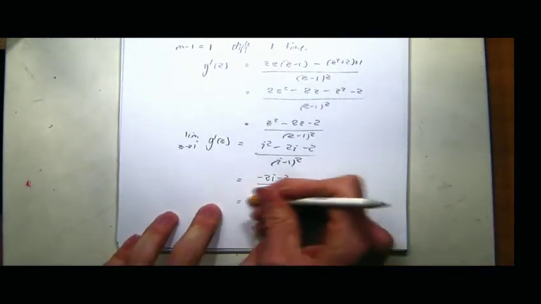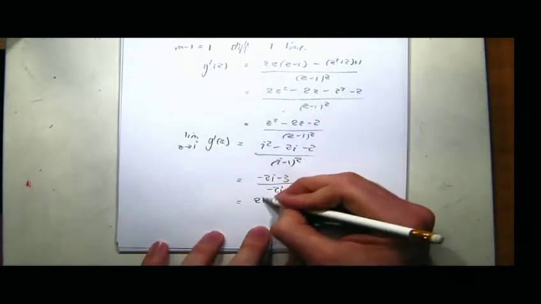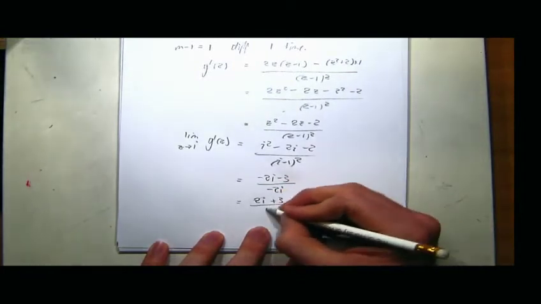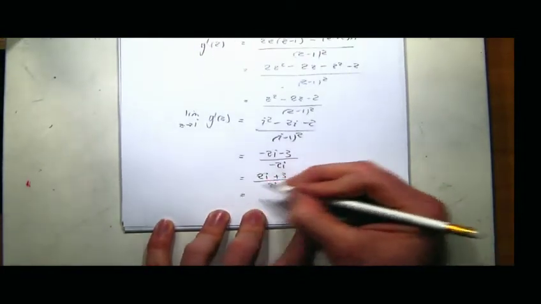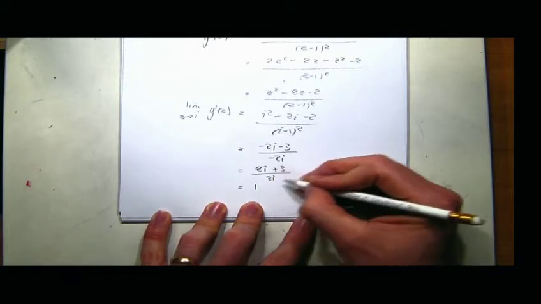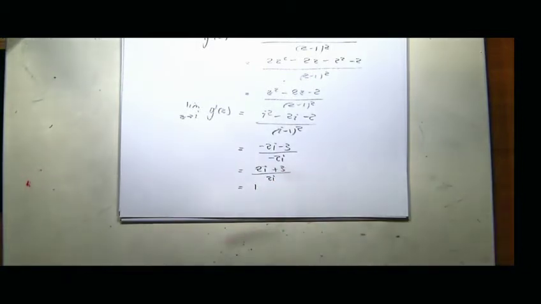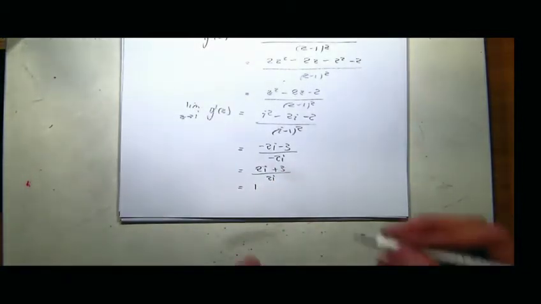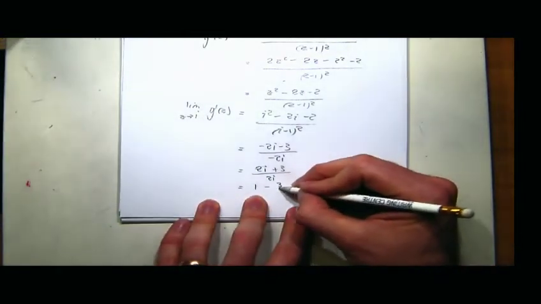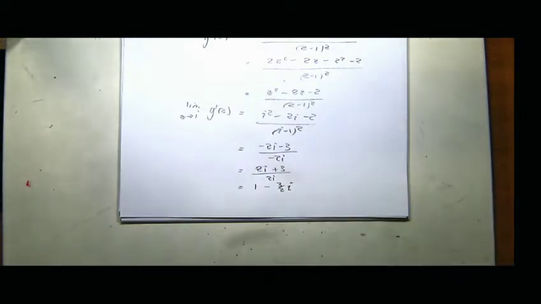I can get rid of all those minuses, I suppose. 2i minus... divided by 2i is 1. 3 divided by 2i, we already did that. Okay, that's what it comes out to apparently. Times top and bottom by i, I get minus 2 minus plus 3i. Yep, okay.